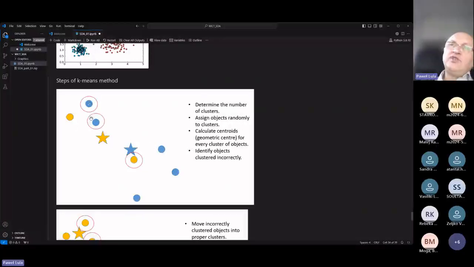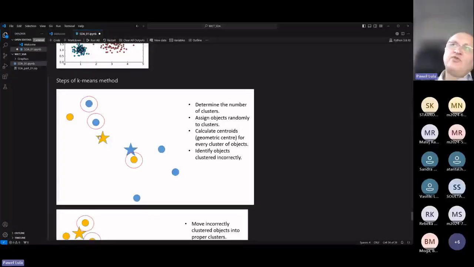And during this iteration, for every object, we check the distance between a given object and the centroid which has the same color, for example this yellow centroid, and the other centroid, this blue one.